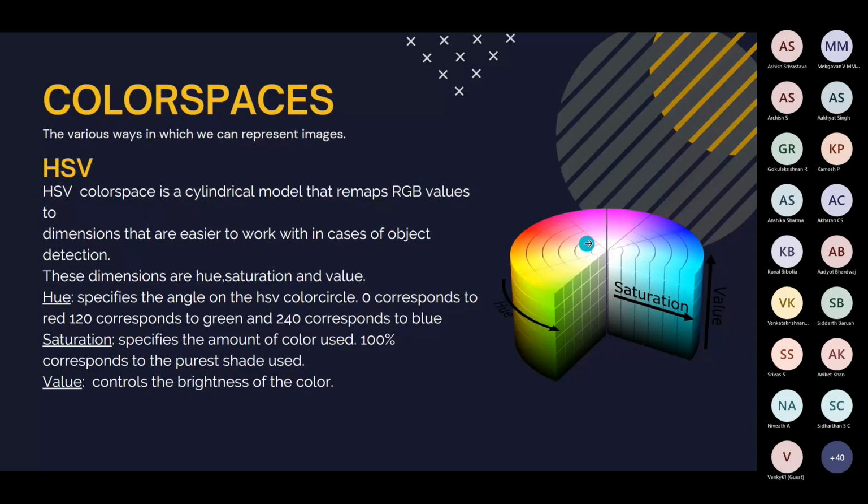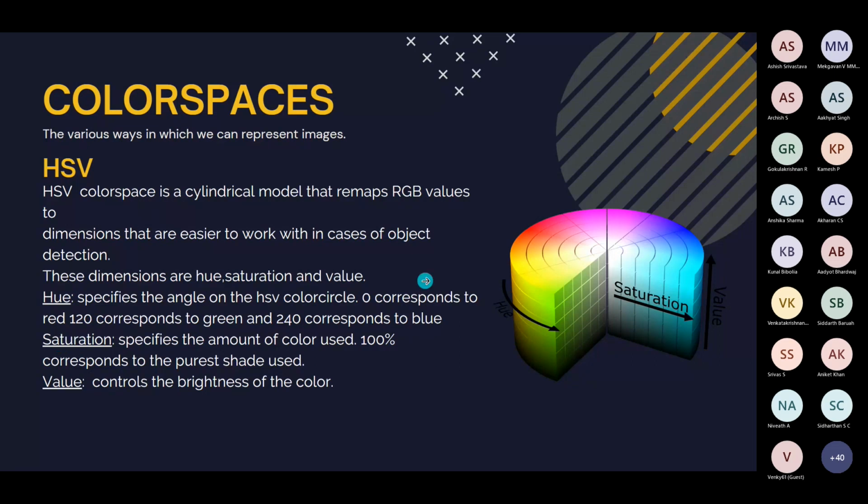If you were to draw a 0 line over here, the 0 line would correspond to shades of red, and moving up to approximately 120 degrees, you would find yourself with red, orange, yellow, and so on. At 120 degrees is where the green begins, and that goes on for another 120 degrees, and then you find yourself with the blue color space. So the hue takes in values from 0 to 360. Next up, you have saturation.